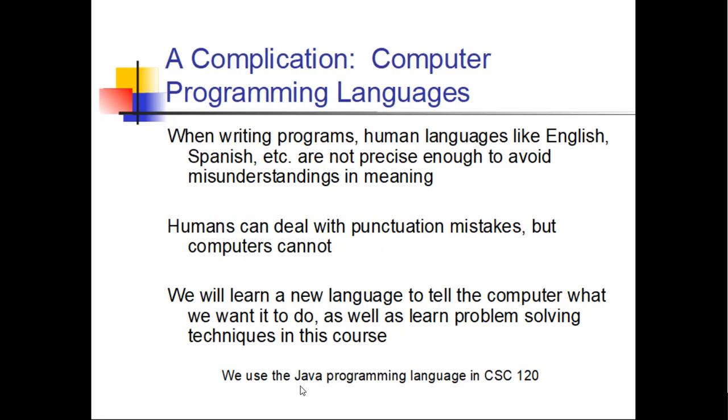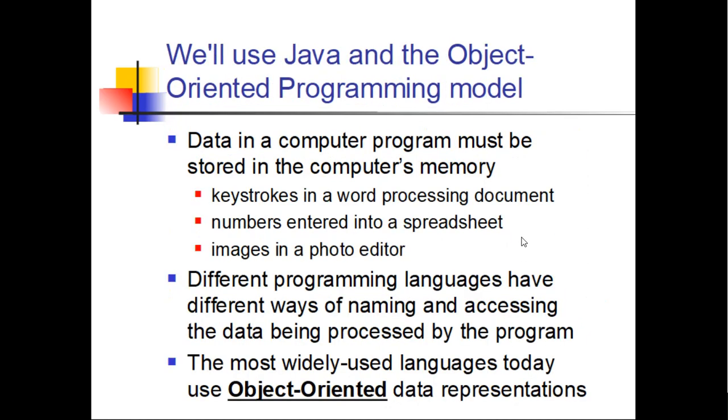We're going to use the Java programming language, which is one of the most widely used languages today, for our work in CSC120. Java is based on what's called the object-oriented programming model. To represent data in the computer's memory, we have to have some way of organizing it.